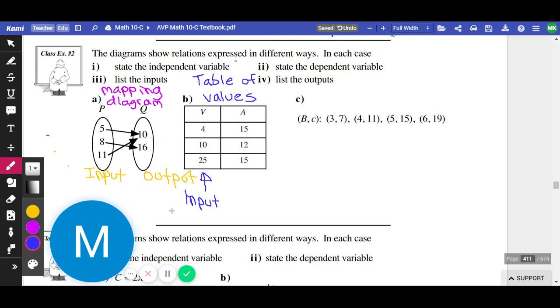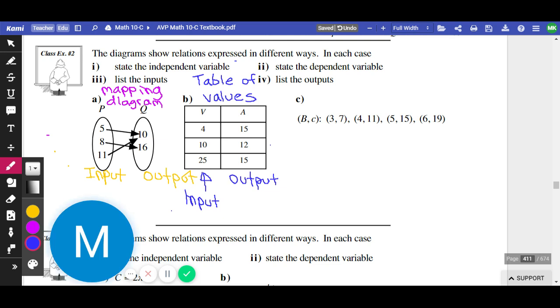So my inputs in this case are 4, 10, and 25. My outputs in this case are 15, 12, and 15. And again, for a table of values, these things go side by side. So an input of 4 gives me an output of 15, input of 10, output of 12, input of 25, output of 15. They pair up in a table of values. Nice and simple.